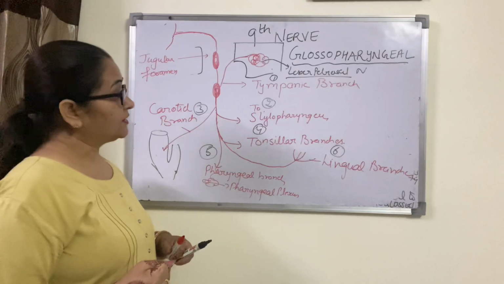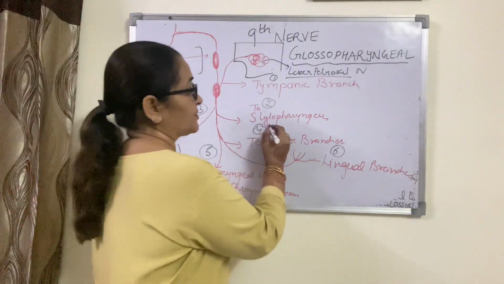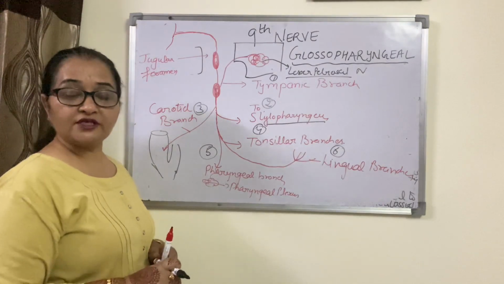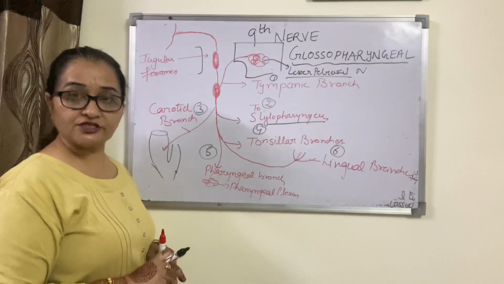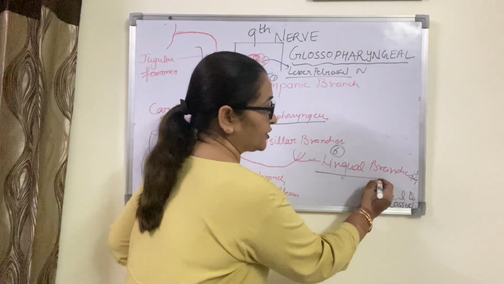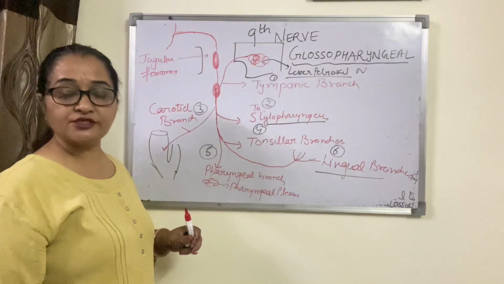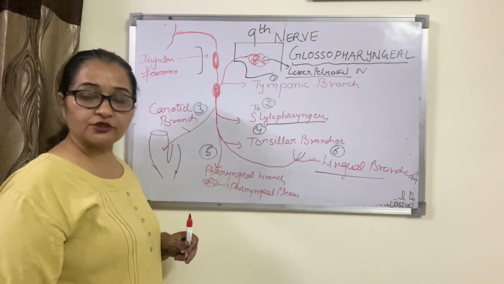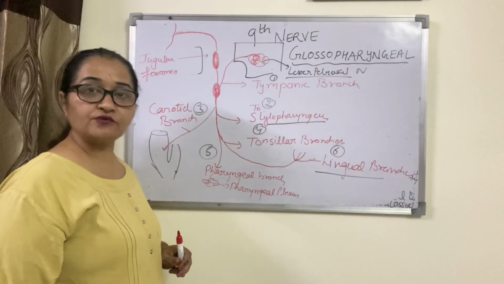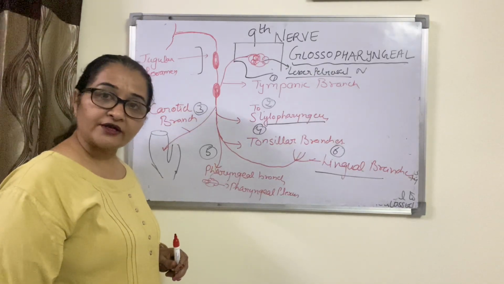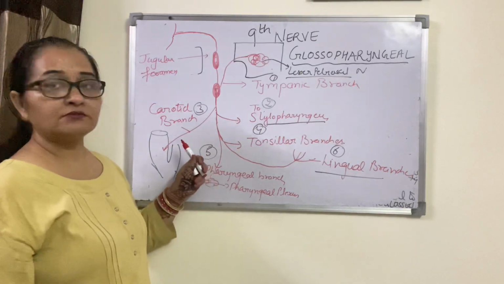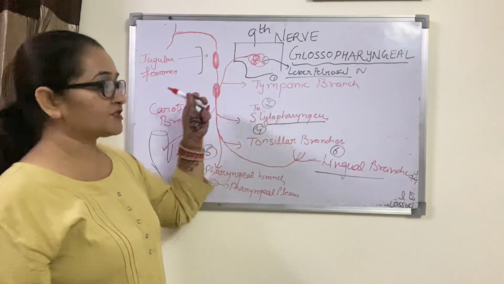As this nerve supplies the stylopharyngeus muscle, if the nerve is involved, weakness of the pharyngeal muscle will be there. Then it also takes the lingual branches to the posterior one third of the tongue along with the circumvallate papillae. The taste fibers are taken up by the glossopharyngeal nerve, so that will be affected. Then loss of gag reflex will be there. So these are the applied aspects.